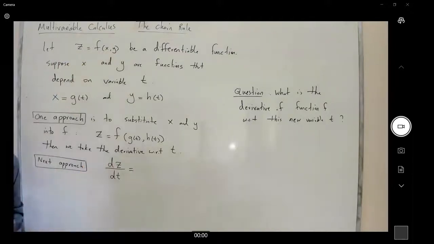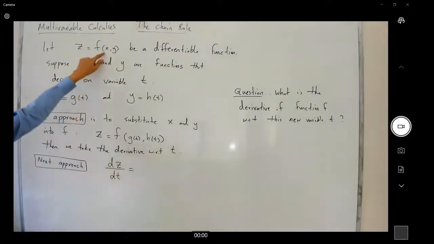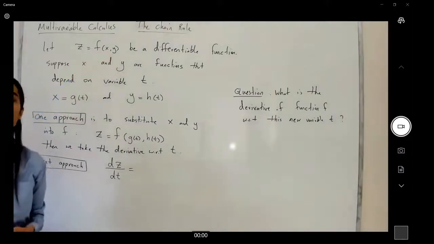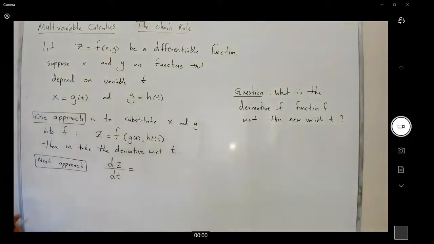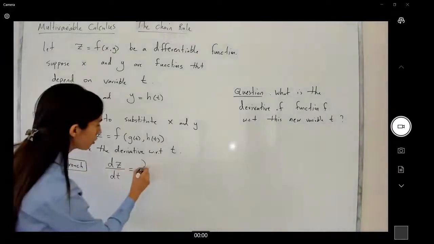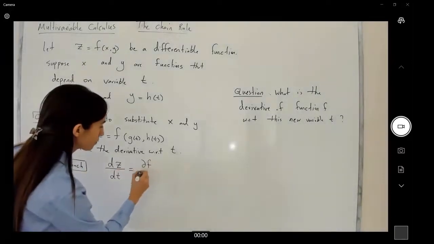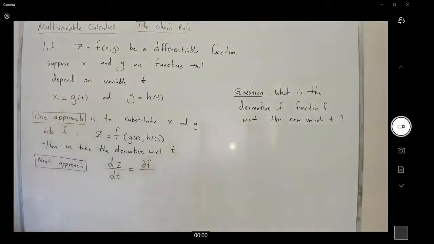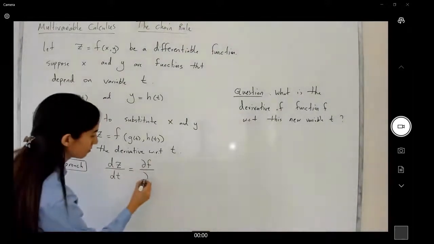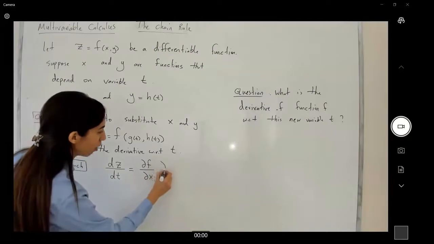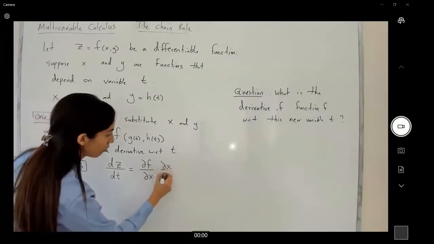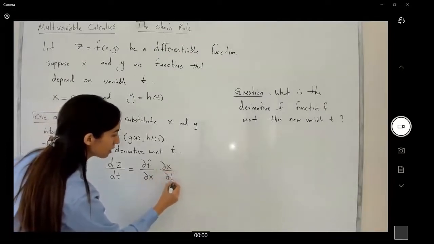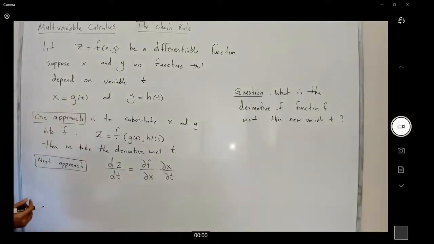In this case, you can write it this way. First of all, you have to take the derivative with respect to x, then with respect to y. You have the partial derivative of f with respect to x times the partial derivative of x with respect to this new variable t.